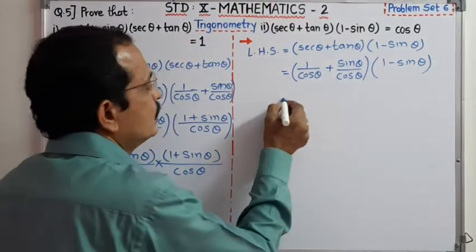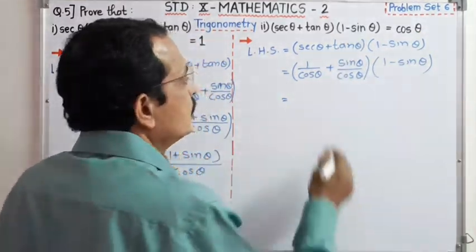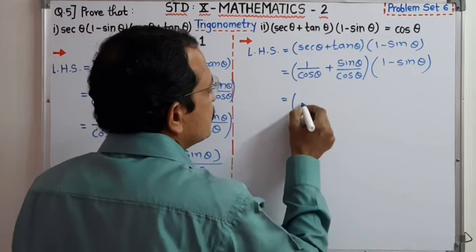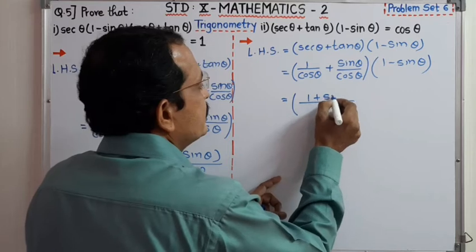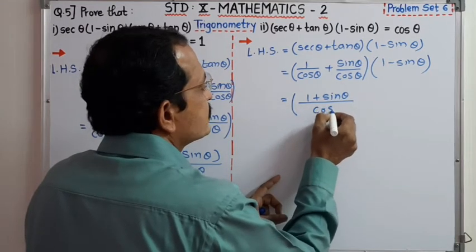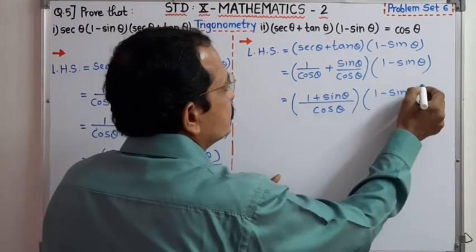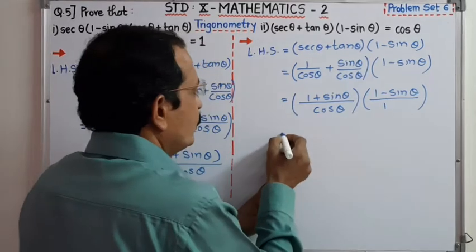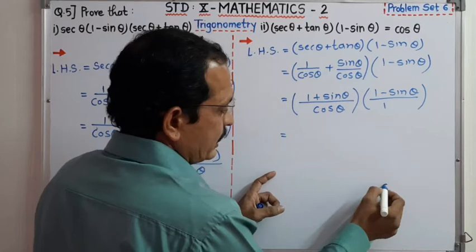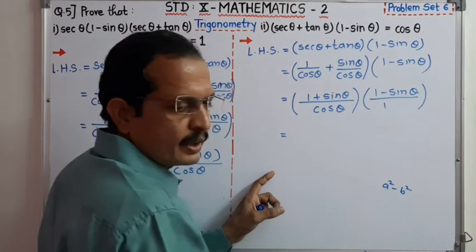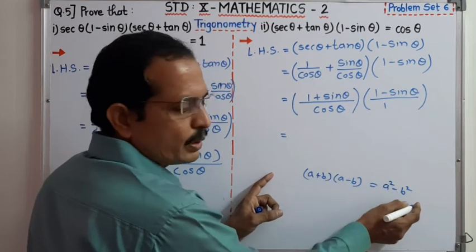Now dear student, our aim is to take out cos theta. Got it? Simple thing is we have to do the addition. It is (1 plus sin theta) upon cos theta into (1 minus sin theta). Now we have to use the same formula, that is a square minus b square. If it is (a plus b) into (a minus b), then we write a square minus b square.